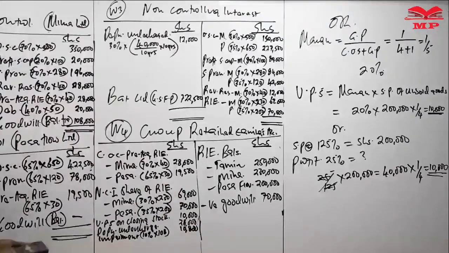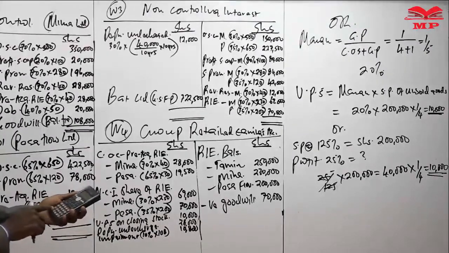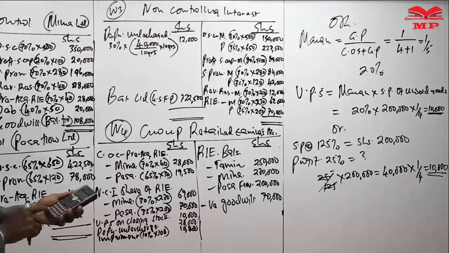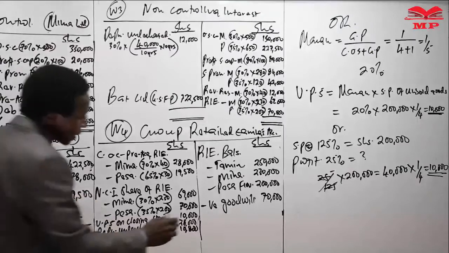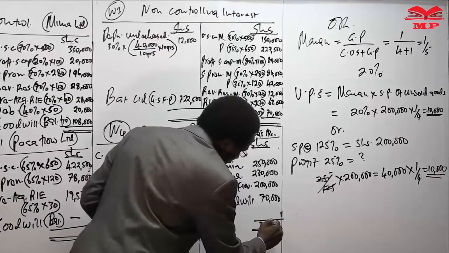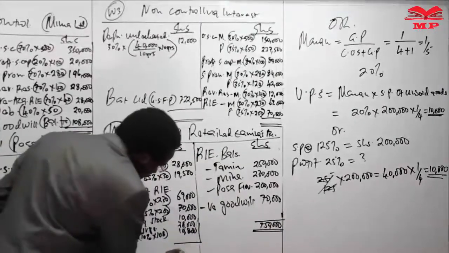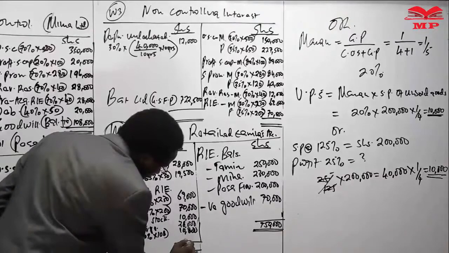So from there, we are able to get the balance carried down for the group retained earnings. We have the 250, we add the 230, we add the 200, we add the 70. That is 750. So this side we have 750,000, and this side we are expecting to have 750,000 as well.